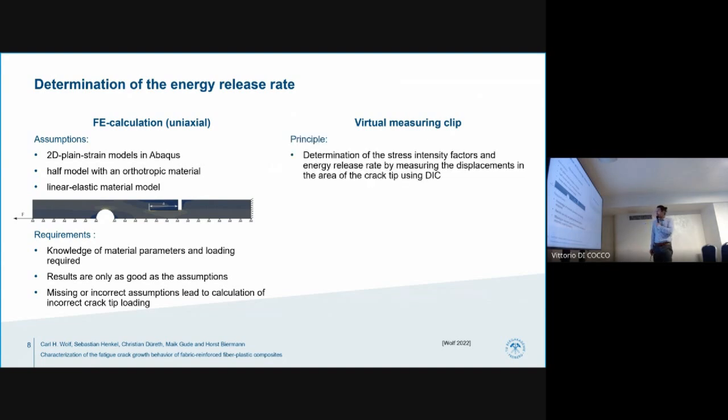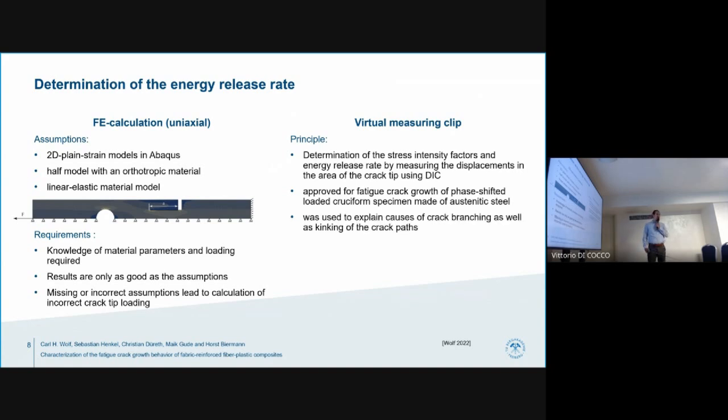And so we tried to use our invented virtual measuring clip, which determines the stress intensity factors and energy release rate by measuring the displacements in the area of the crack tip. We used it before in an austenitic stainless steel, and we clarified that crack branching and the kinking of the crack occur.